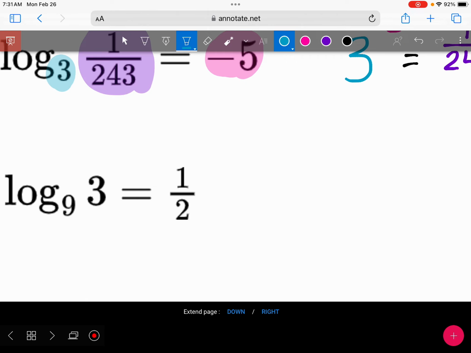Last one like this before we start going the other direction. What's our base? 9. What's our power? 1/2. And it's going to equal 3.